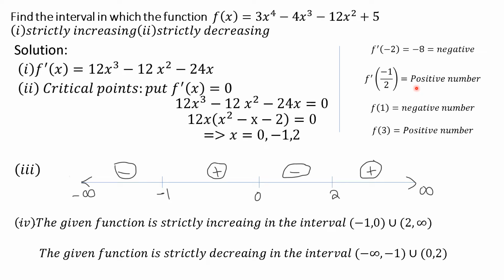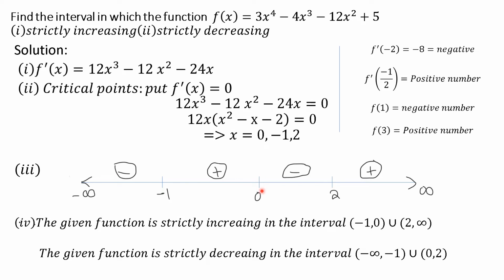You can also take minus 1 by 3, minus 1 by 4, minus 1 by 5 and so on, but the number should be in the interval minus 1 to 0. Then it is a positive number. So in this interval, it is positive.